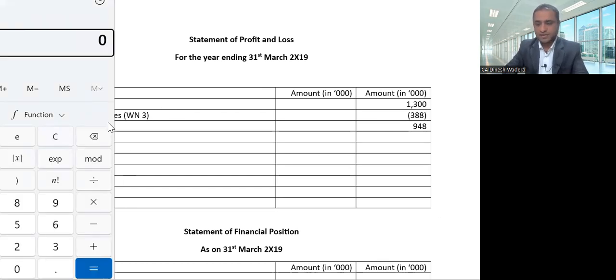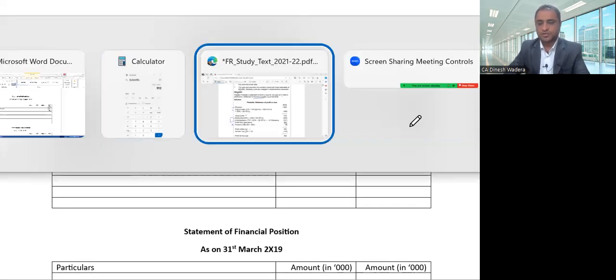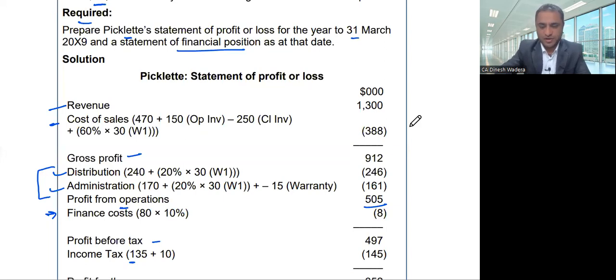Many a times, even I can make a mistake, even you can miss this, and definitely the marks will be deducted. So if you still have any doubt, just feel free to ask me. So once we get the gross profit, now we will be identifying operating expenses. I already told you, out of the expenses, the operating expenses are distribution cost and administration cost.